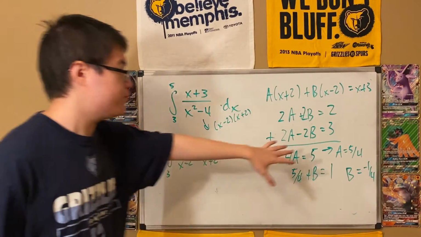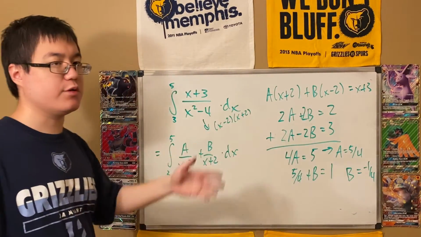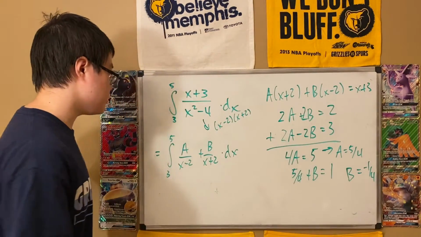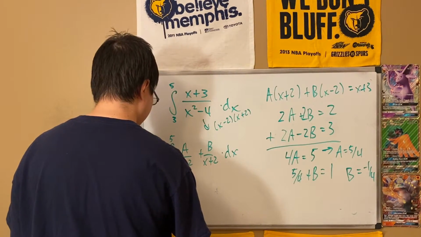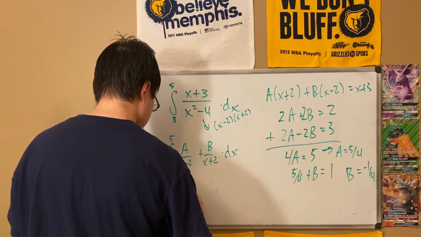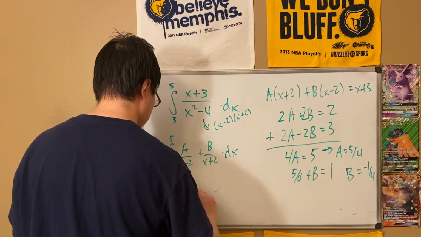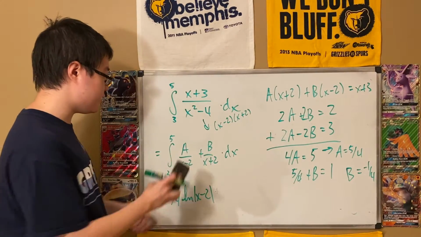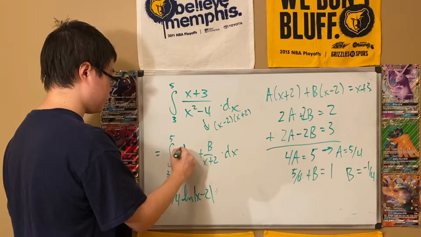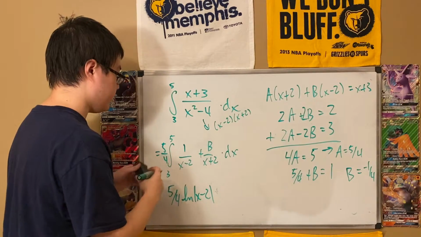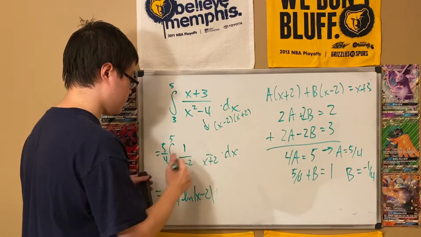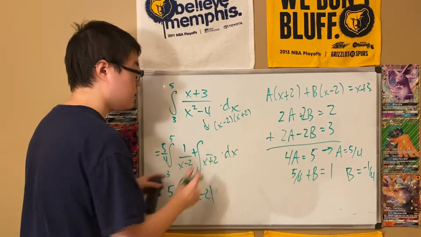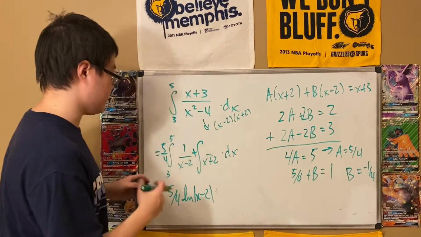Let's try to take these a's and b's and place them where they're supposed to go, taking them out of the integrals. So it looks like it's going to be 5/4 the ln of x minus 2. I skipped a step, but let's just change it here. The a is going to be 5/4, so I'm going to just take that out of the integral. And then the b, when we have a separate integral, we're going to take out the b, so it's going to be negative 1/4.